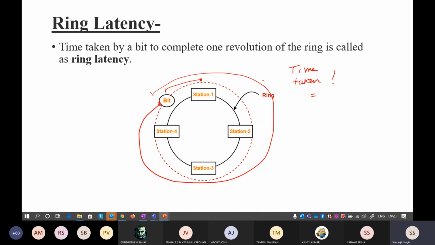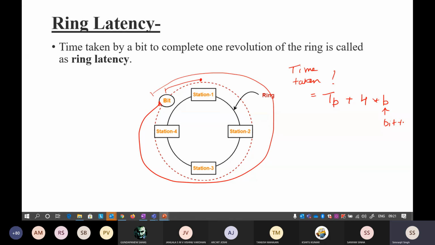First of all, the propagation time will be there, whatever the propagation time is to complete the circle. Another will be the stations. The number of stations here is four, so four stations will hold the bit for a certain time. I'm calling this the bit time. Every station is going to hold the bit for at least b time.